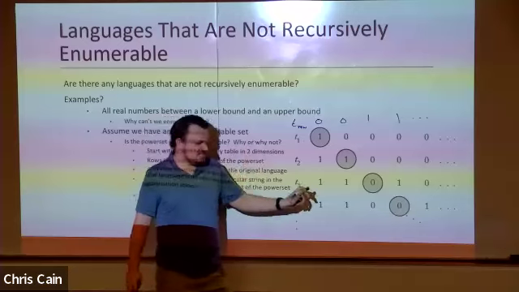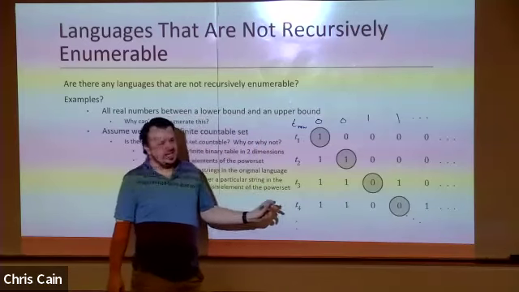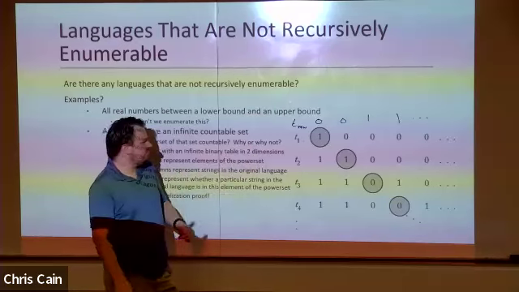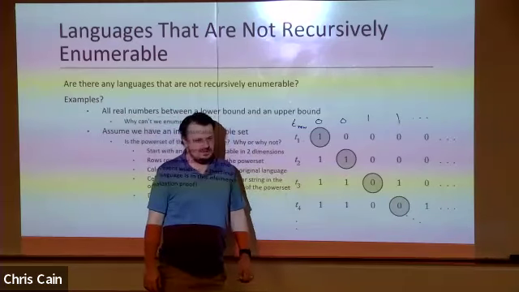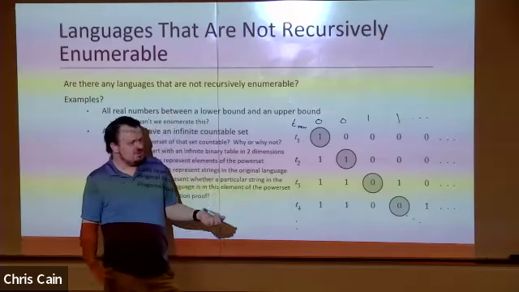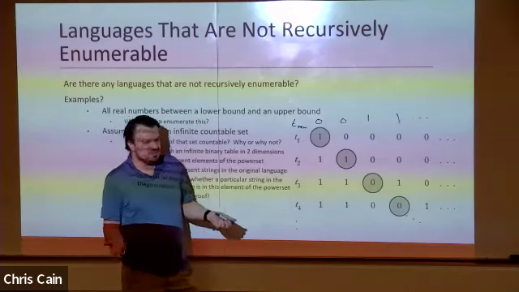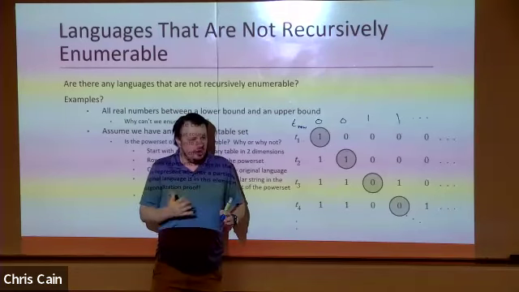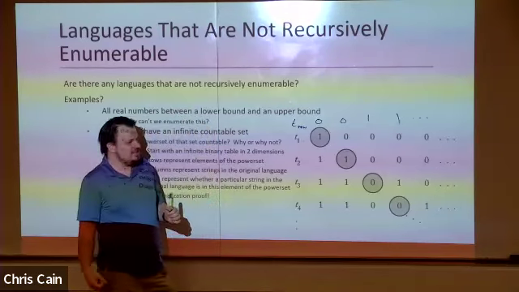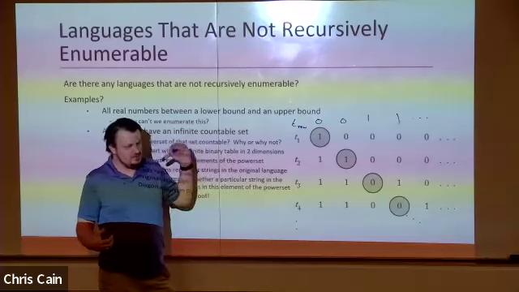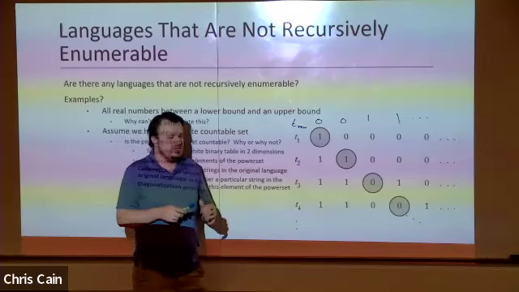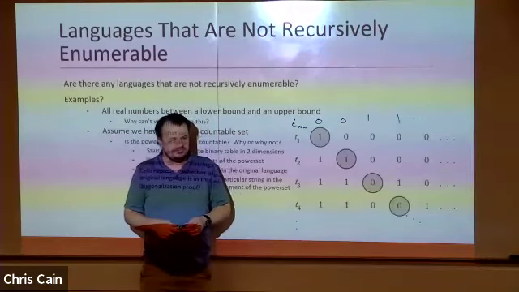So Cantor's diagonalization proof will always work for something like this, for a set that is not countable. Because, for instance, if we have the positive integers, I would argue that that set that starts at 1, 2, 3, 4, 5, if I could define exactly what that enumeration procedure means to generate the next element of the set, you take the current element of the set and you add 1.